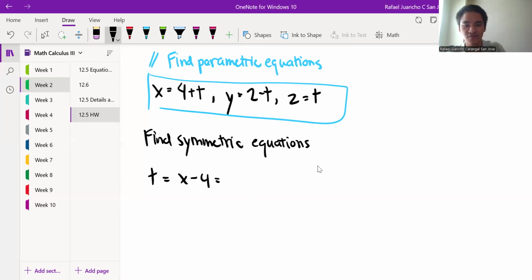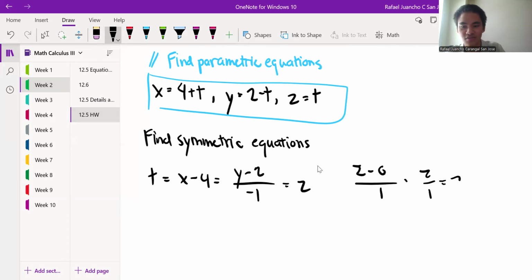Then for y, we have 2. Actually, no, it's not 2. This is y minus 2 over negative 1. And lastly, well, we have nothing for z, so z minus 0 over 1. So that's just z. z minus 0 over 1 is z over 1. It's z.